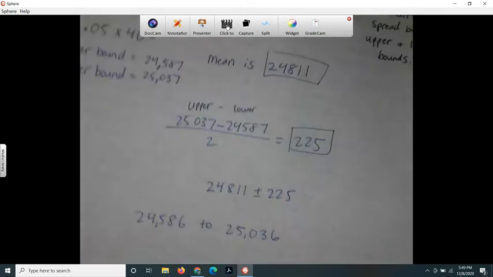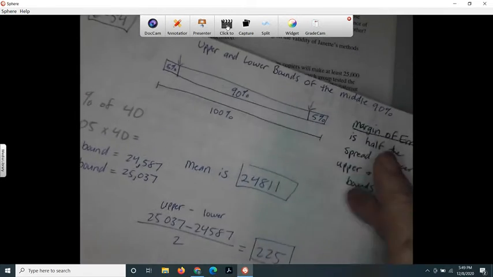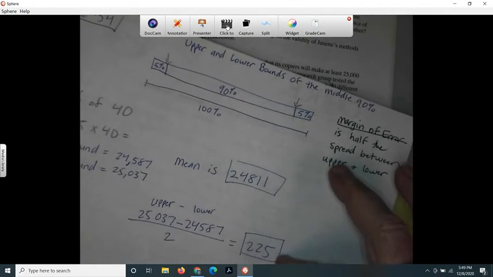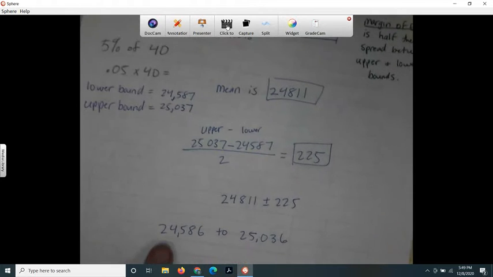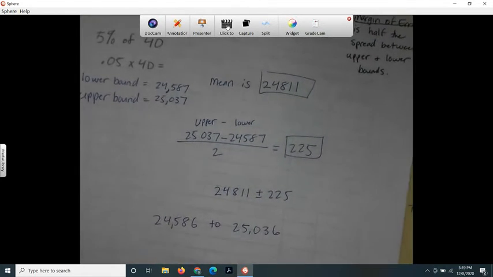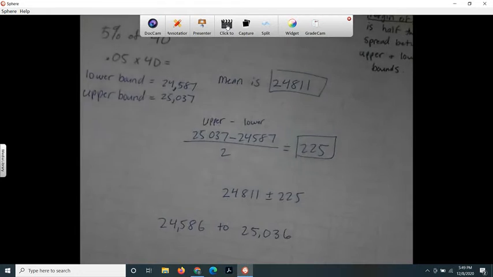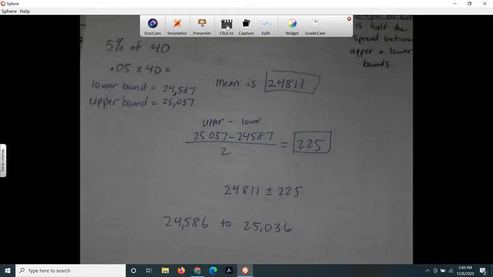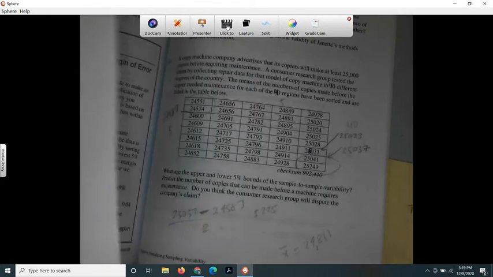So since I got the mean and the margin of error, I'm predicting between 24,586 and 25,036 copies will be able to be made before the machine needs some maintenance.